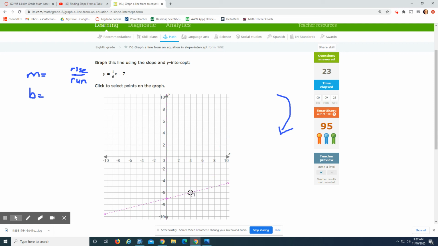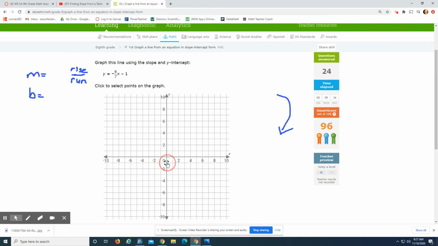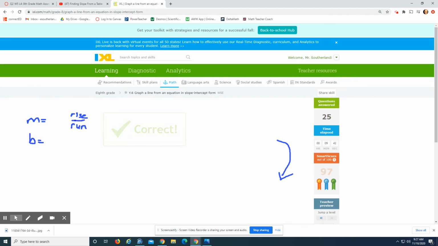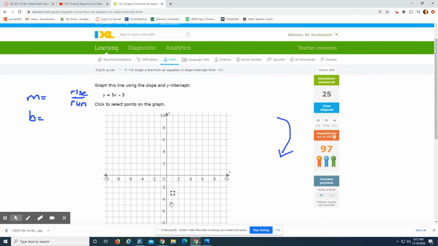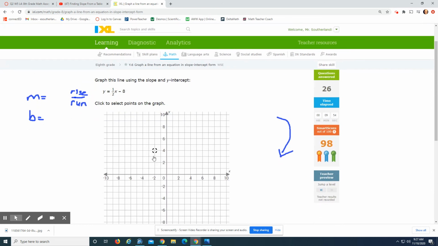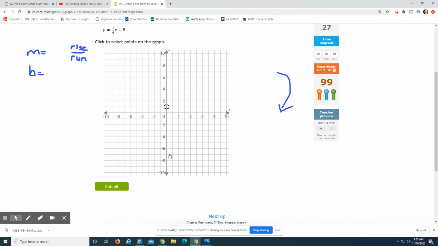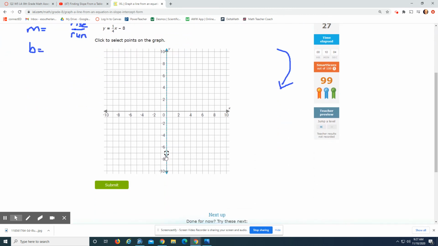Up 1 over 6. -1 is here, down 8 over 7. -5 tells me to start at -5. Up 5 over 1. All whole numbers are written over 1, so up 5 over 1. -8's here. 1/2 is up 1 over 2. -8 is here. 1/4 means up 1 over 4.